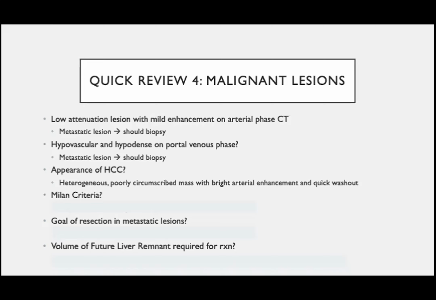Sorry, so no single lesion greater than 5 centimeters, or 2 or 3 lesions greater than 3.5 centimeters, or lymphovascular spread or extrahepatic lesions. Yes, it's 3 tumors, all less than or equal to 3 centimeters. Not 3.5. Do you remember what the goal of resection was in metastatic lesions?